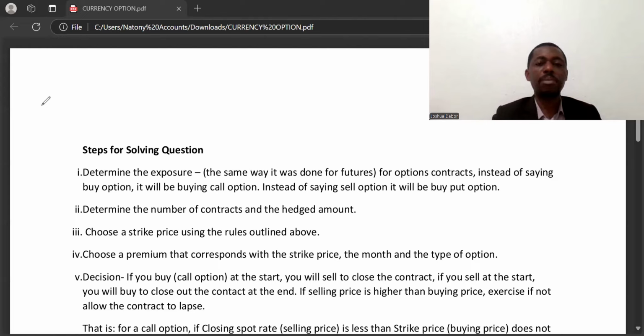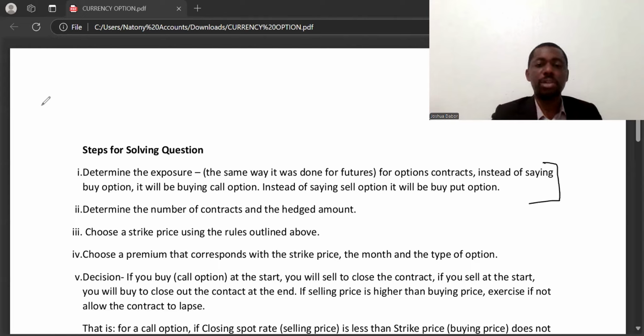Step 1, determine the exposure. The same way you determine the exposure for the futures contracts, that's the same way you are going to determine the exposure for the option contracts. So if you have not watched the futures contracts, do well to watch the introduction to futures contracts.